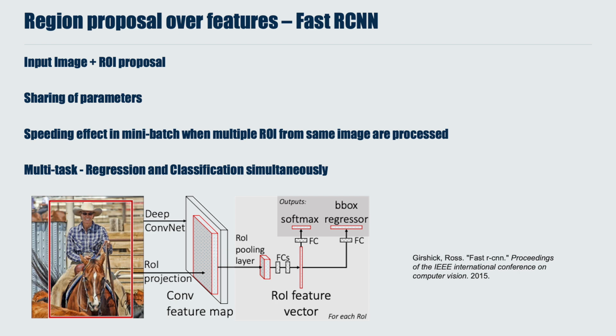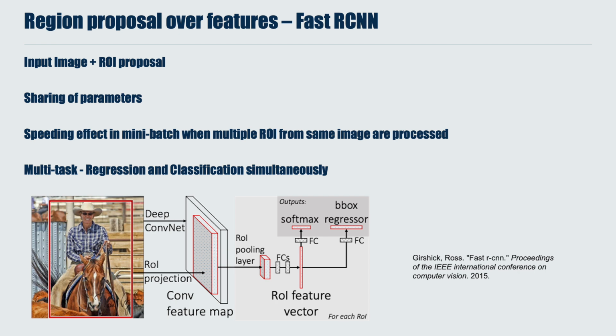Once they have their features extracted, they use a pooling layer to extract the feature associated with the box that they want. This means that instead of having to calculate all the features each time for every single new box that they resize, they have it already for the whole image, so it gains a bit of time.